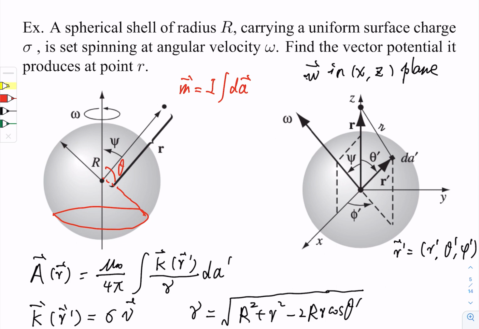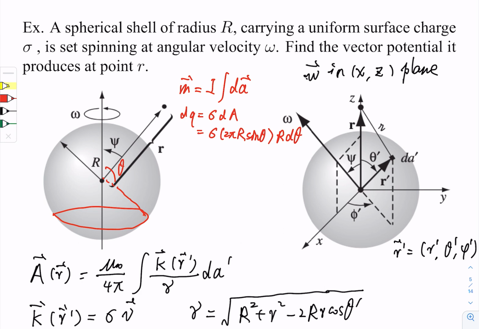The charge along this strip of ring is equal to the charge density times the area. So the area of this strip of ring should be 2 pi r sine theta times r d theta.